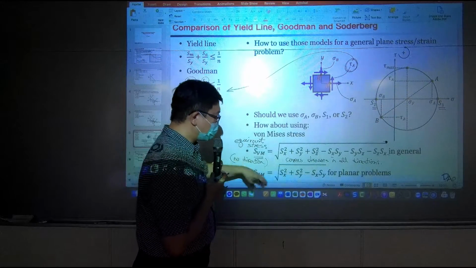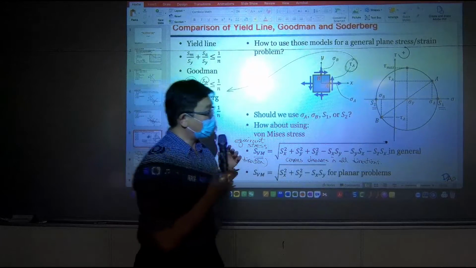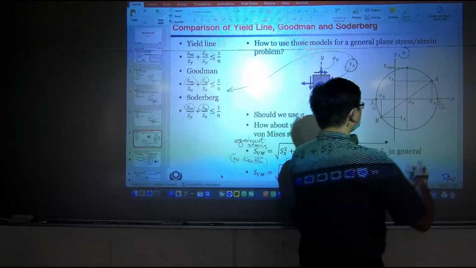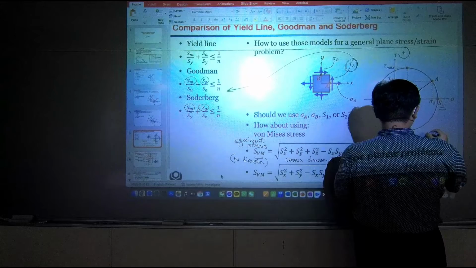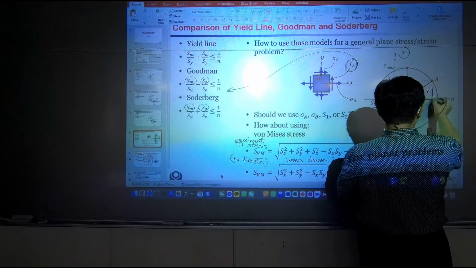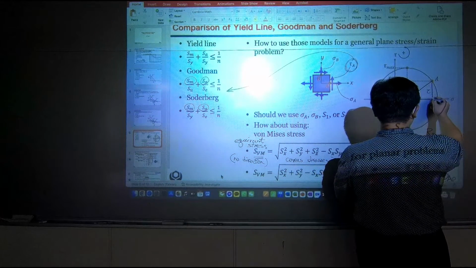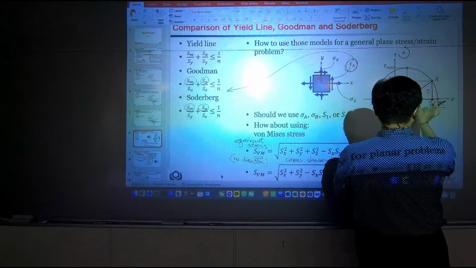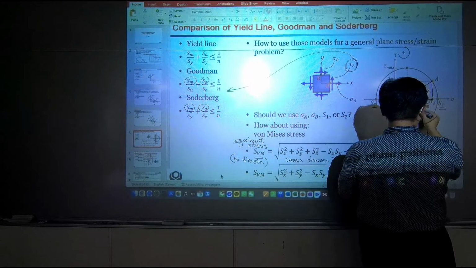So for plane stress problems, let's review our second exam. This is the radius. If you calculate the radius, this is your height. This is a width. So this is sigma A minus sigma B divided by 2.